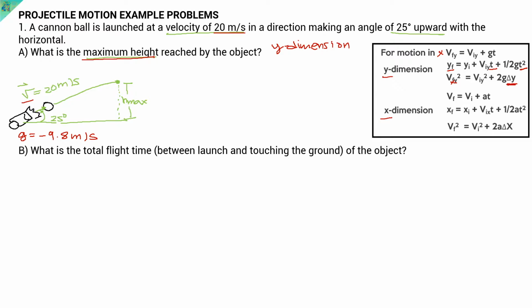Okay, so we are now left with the dilemma between equation 2 and equation 3. What is the most appropriate? For equation number 2, we have to search first for the time before we can find the y final. Meanwhile, in equation number 3, we have to search for the final velocity for us to search for the y final.